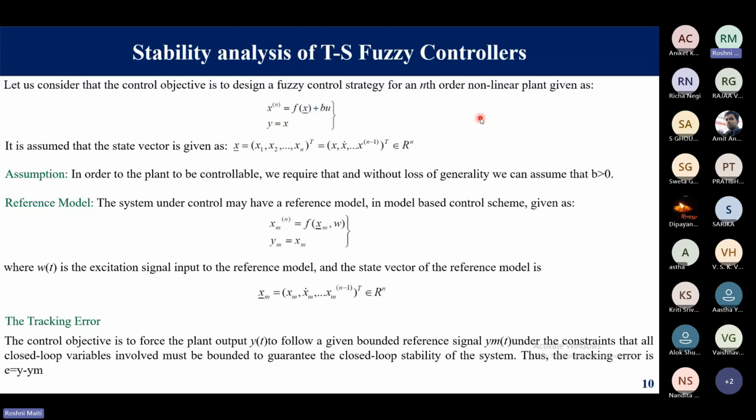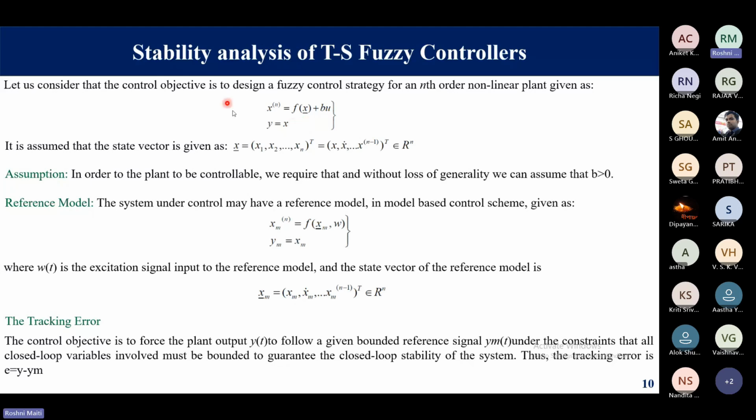So with such kind of controllers, we have to show that our system is stable. Now to define this stability, we have considered a non-linear system, because practical systems are generally non-linear in nature. Therefore, we have to consider the non-linearities present in different systems.